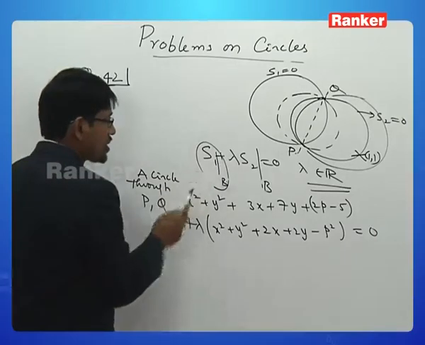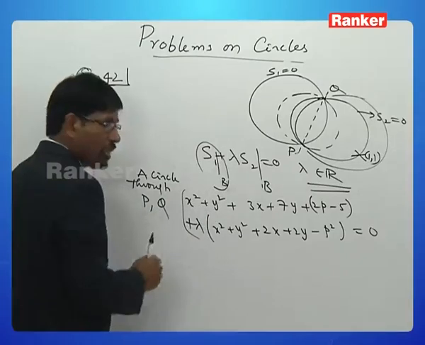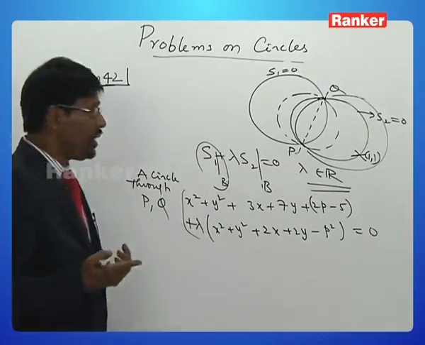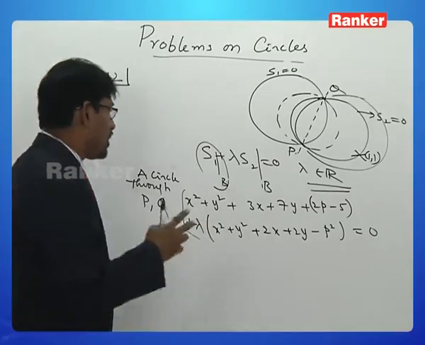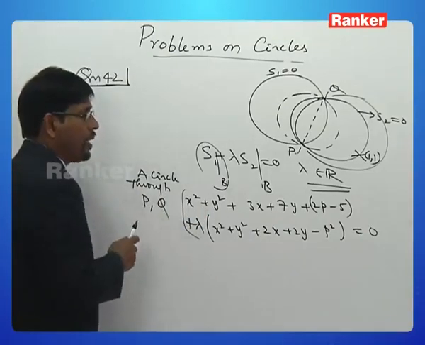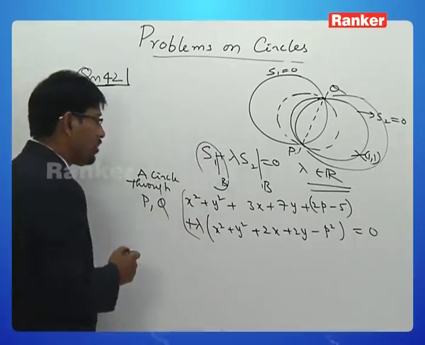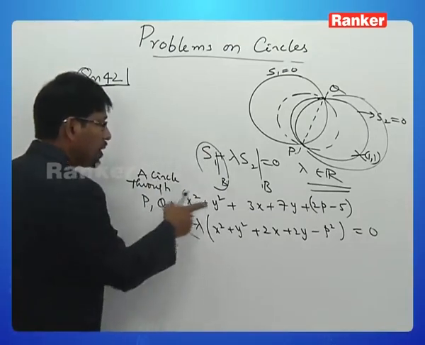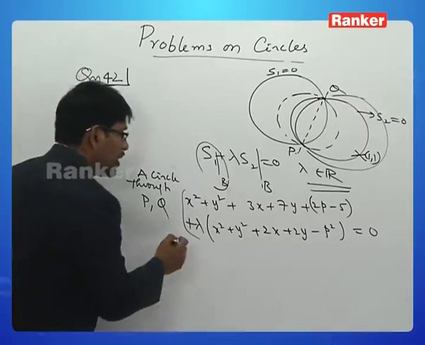Now, this circle has to be passing through 1 comma 1. So we are interested in such a circle which passes through 1 comma 1. Is there a possibility of getting a circle passing through P and Q which will also be passing through 1 comma 1? Let us see if it is possible. Let us substitute the point 1 comma 1.